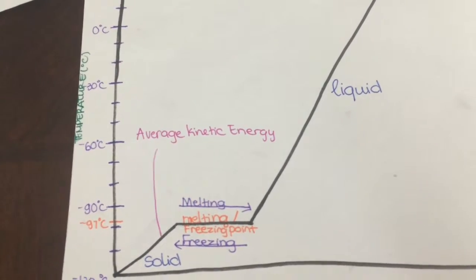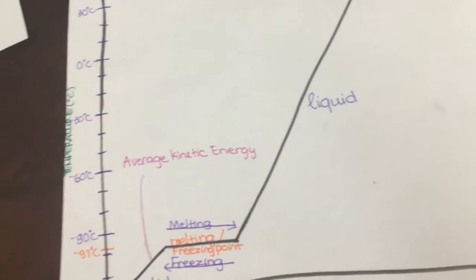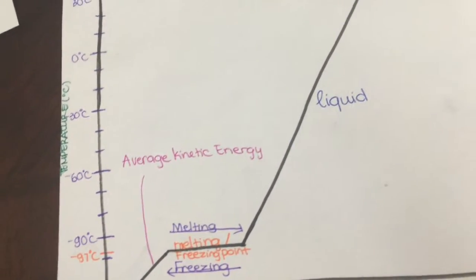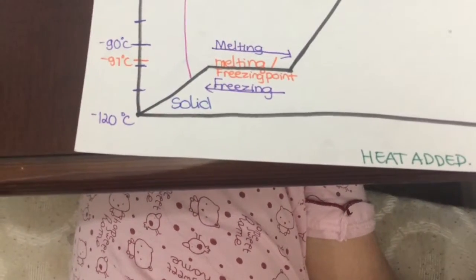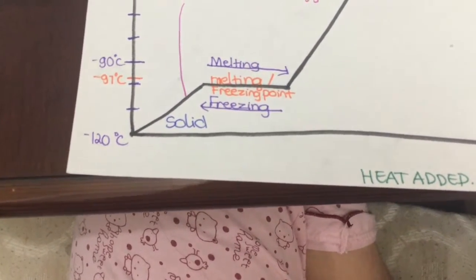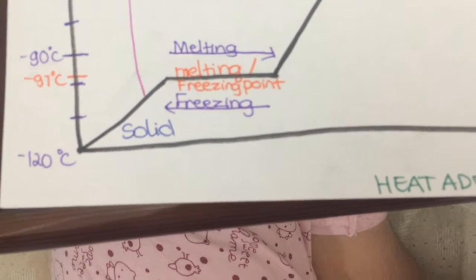Sublimation is from solid to gas, and deposition is from gas to solid. And the melting point is negative 97 degrees. So this is the melting point and freezing point.